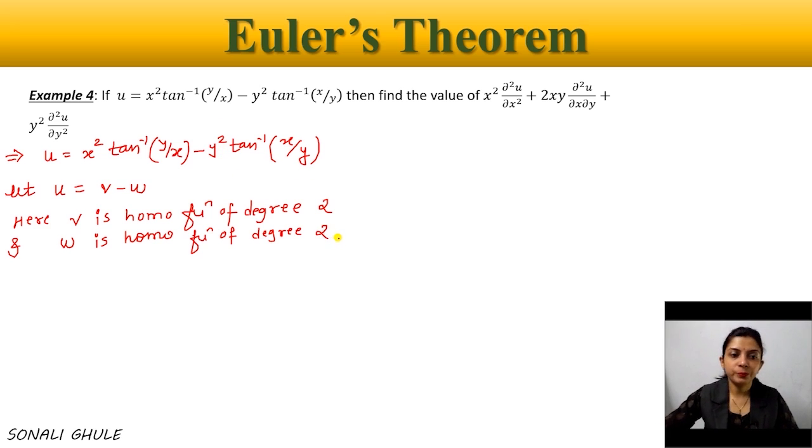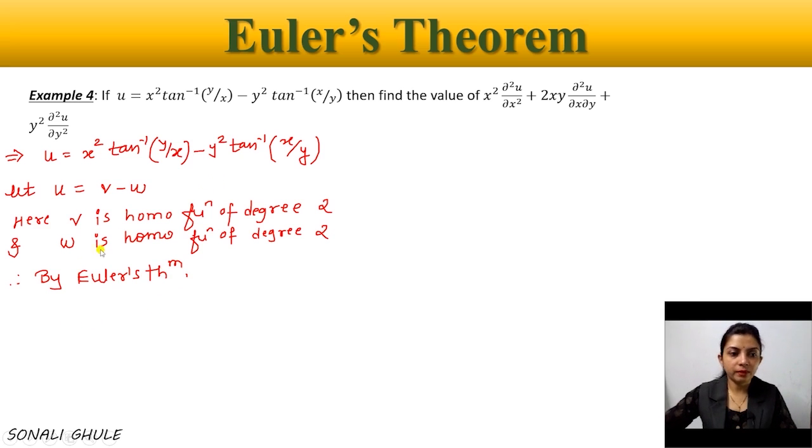Again degree is 2. So when you are having two functions of same degree, we can directly write the answer by Euler's theorem. So therefore, by Euler's theorem, what can I write?